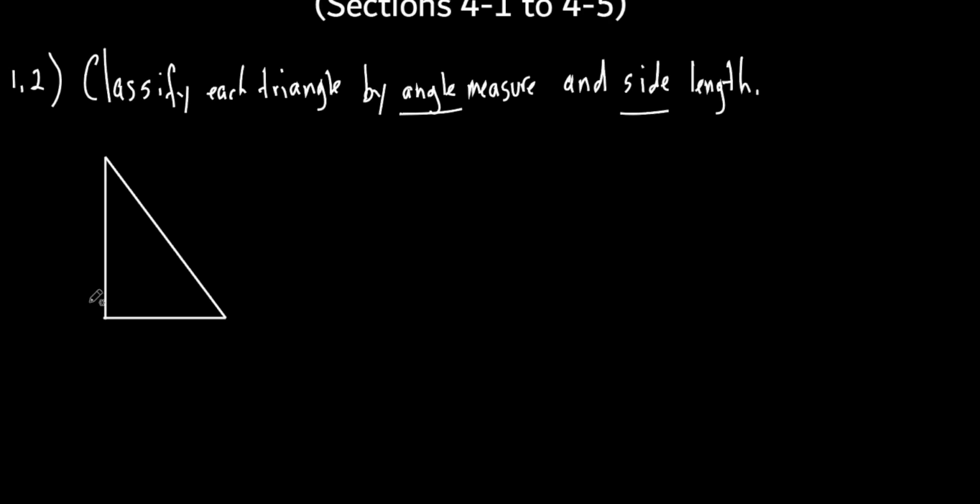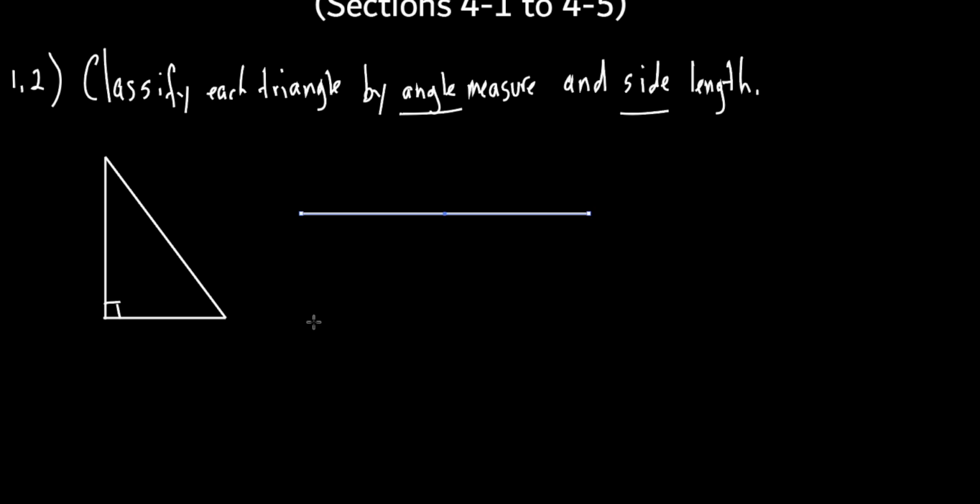Right, you got to put the square. If there was a little square here, now, is that a right triangle? Yeah, okay. So that's classifying it by its what? Look, I even underlined it, kind of give you an easy way. By its angle measure, right?